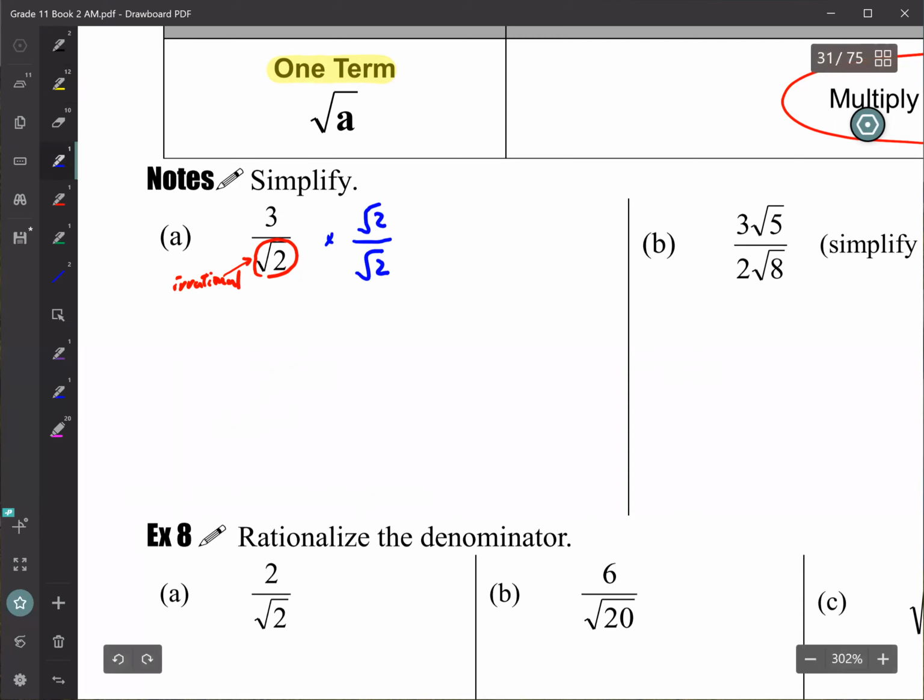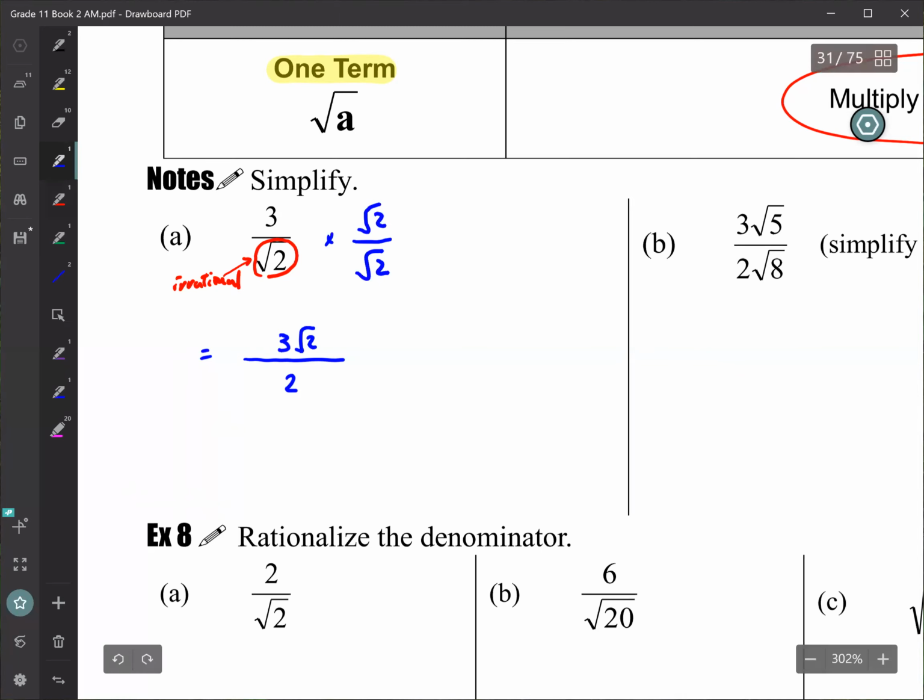Let's see what happens when you multiply by the same one. Square root 2 times square root 2 is root 2 squared, so we know from the last page, it becomes 2. And then the top, 3 times root 2. 3 is on the outside, 2 is on the inside, so they cannot multiply together. You can only write them beside each other.